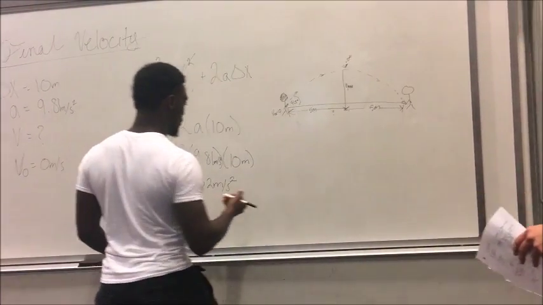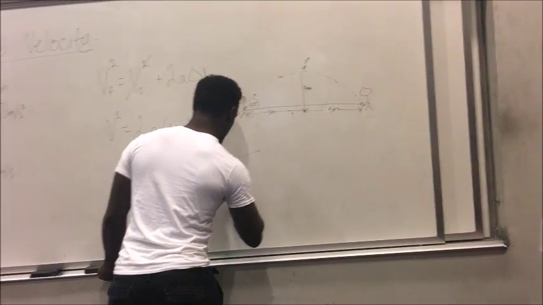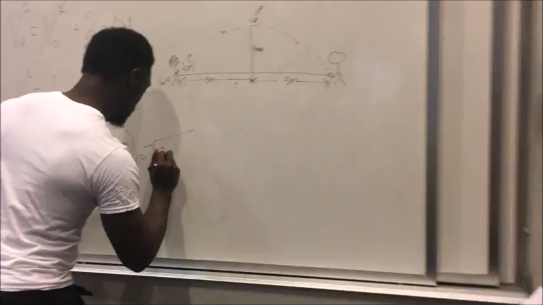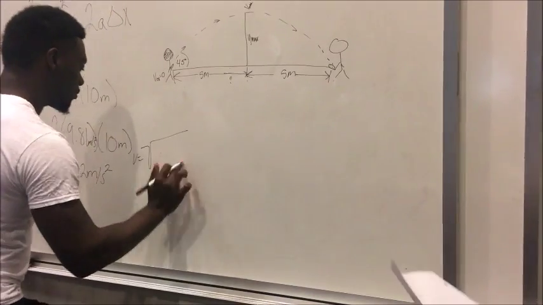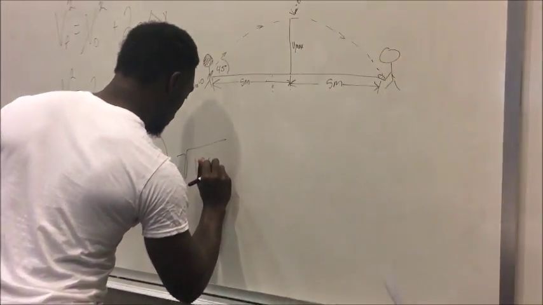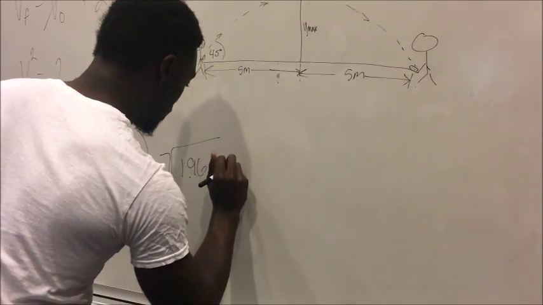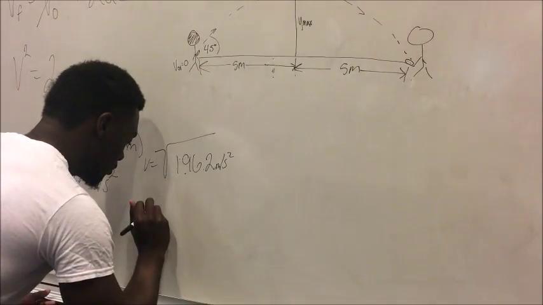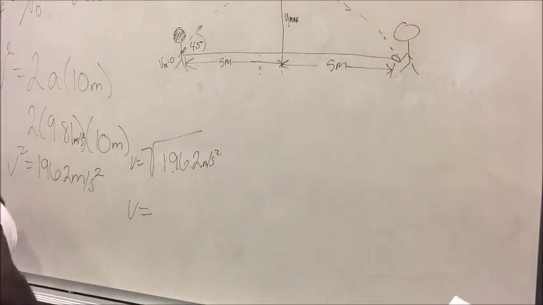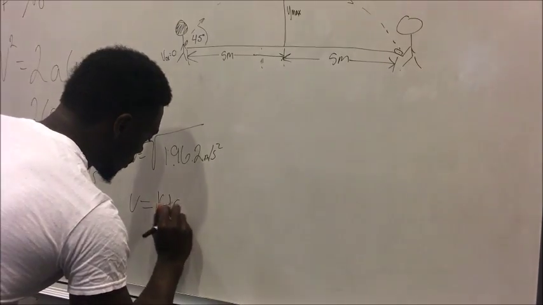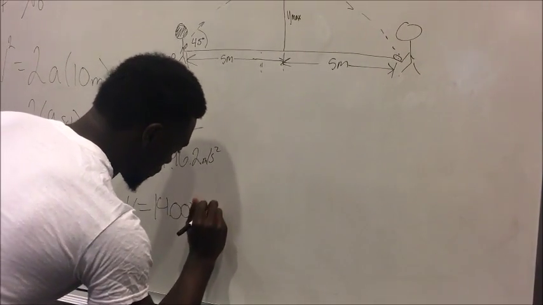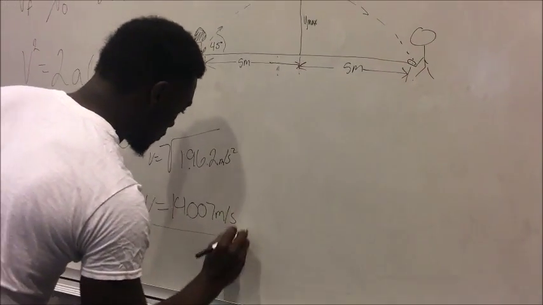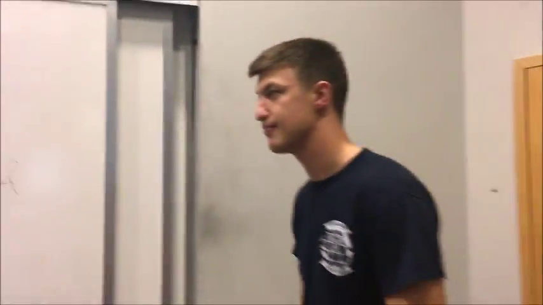Now you take the square root. V is equal to 14.007 meters per second. And that's your final velocity.